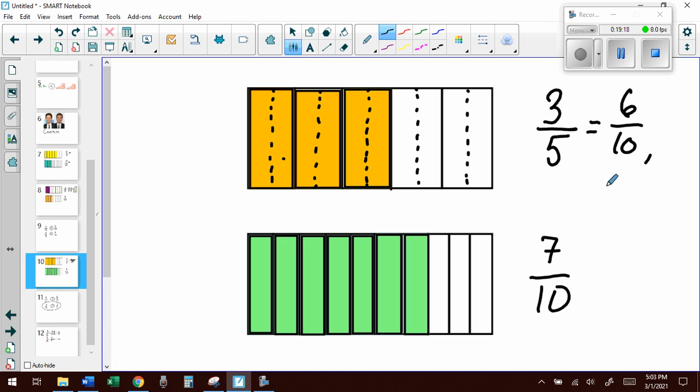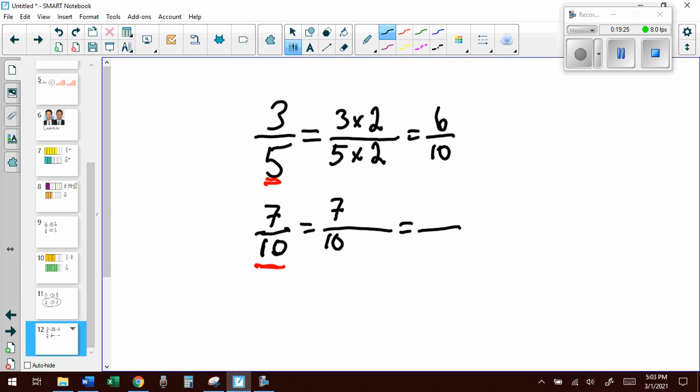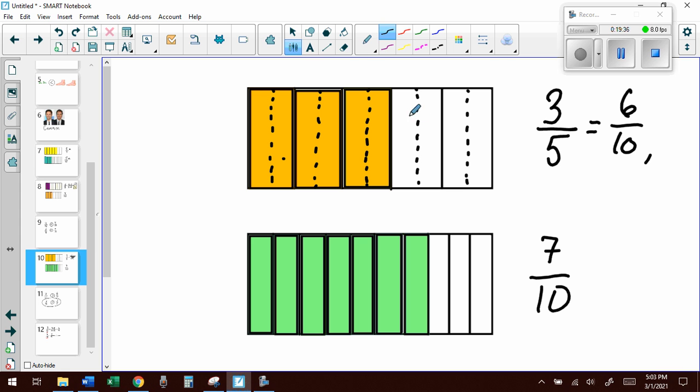And, as luck would have it, 5 is a factor of 10. So we had to multiply 5 by 2 and get 10. And what we did to the denominator, we had to do to the numerator. And we found an equivalent fraction, which was 6/10. We were able to easily partition our tape diagram into tenths. And we could see then that 6/10 was totally less than 7/10. All right, good luck.